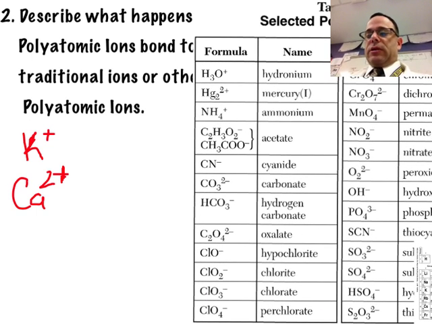Let's go simply for hypochlorite. Hypochlorite is, grab a pen, ClO2.